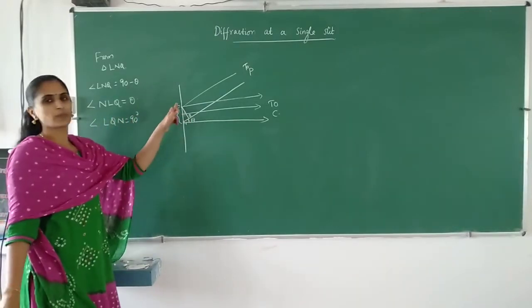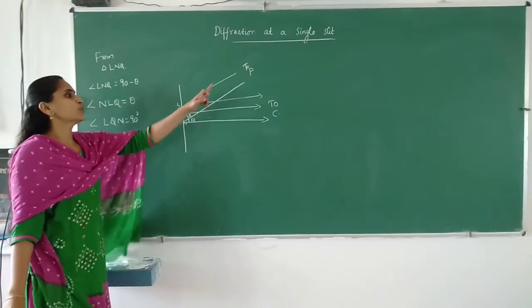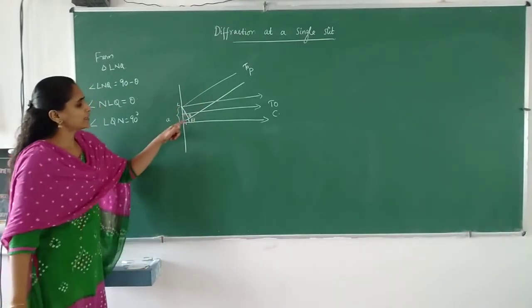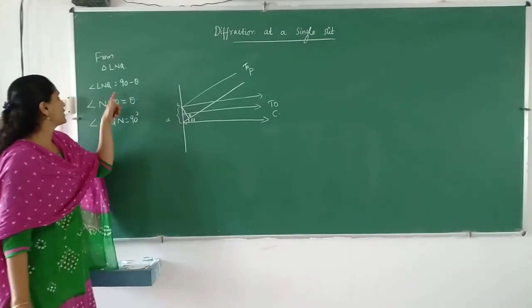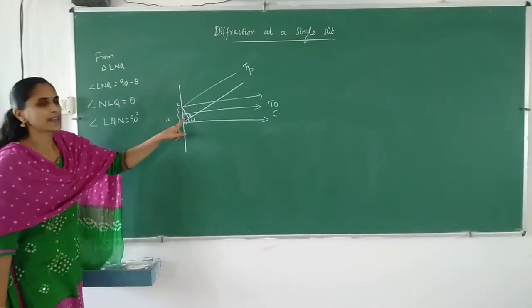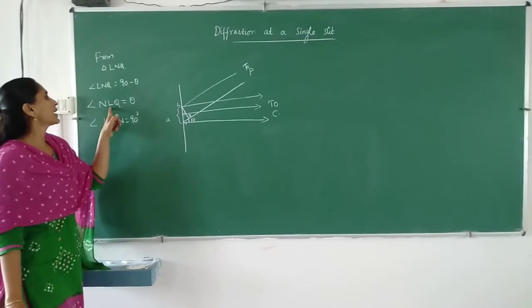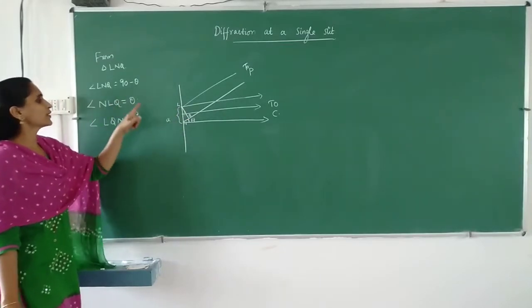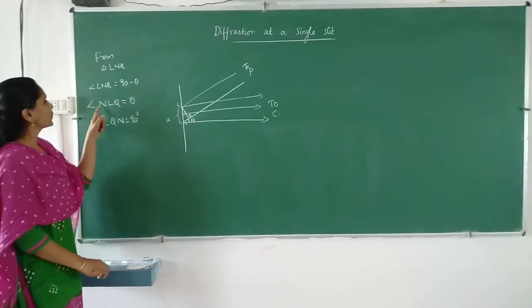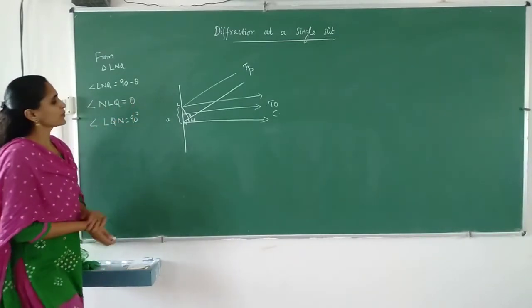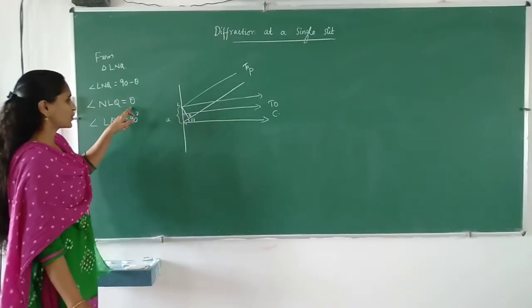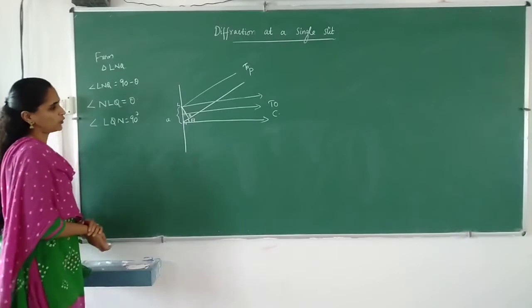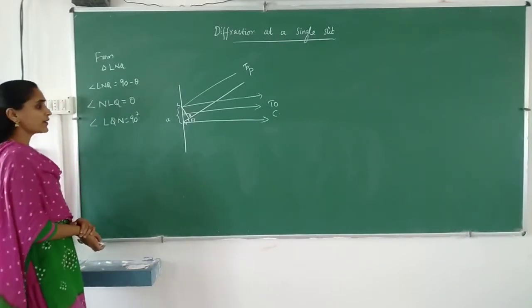Here we have drawn perpendicular LQ to NP, so this angle is 90 degrees. This is theta. So NLQ is equal to theta and LNQ is equal to 90 minus theta. Is it clear?